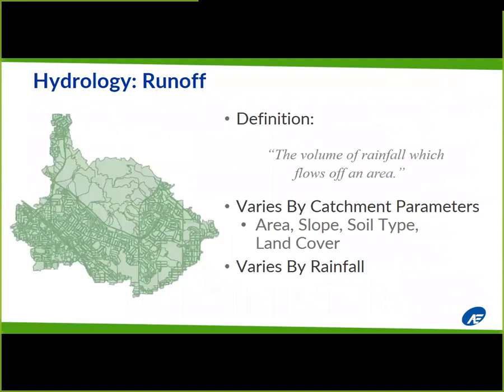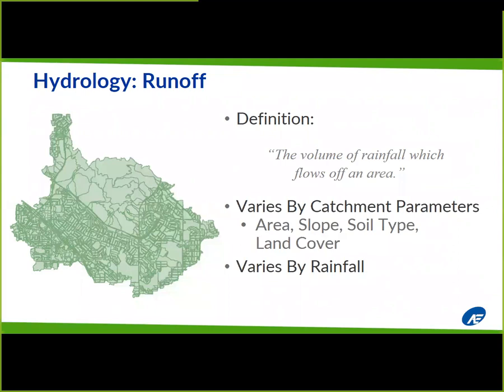Okay, so when we take this rainfall event, we need to convert that into a runoff volume. So the definition of that is really, get this rainfall, it lands on the ground, and the question is, how much volume do we get from that? Because some of the water will get stuck, it'll get infiltrated, it'll get stuck in terms of making things wet, and there's a number of things that influence that.